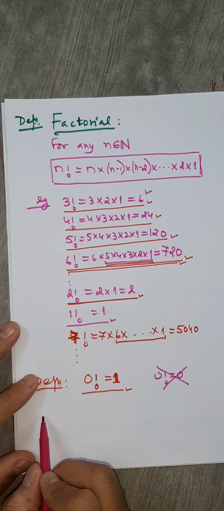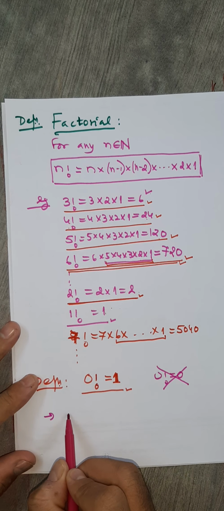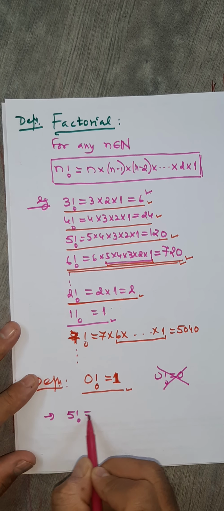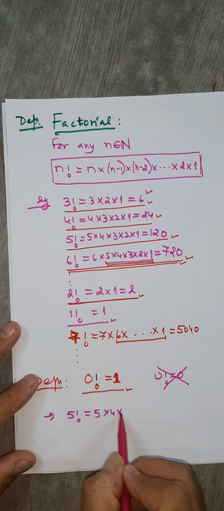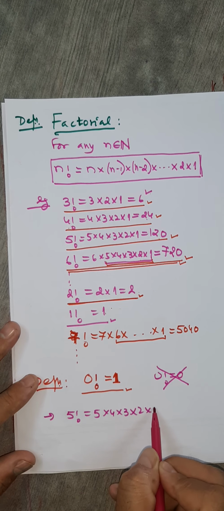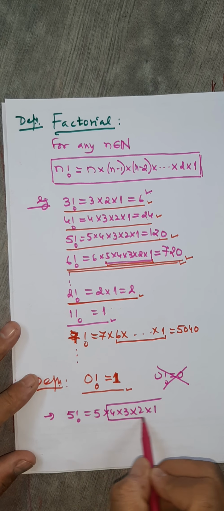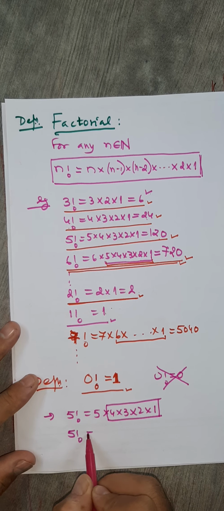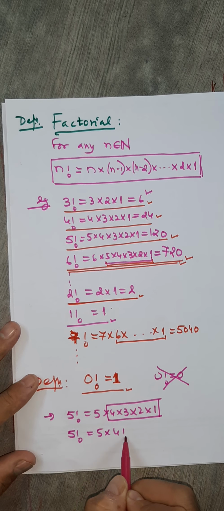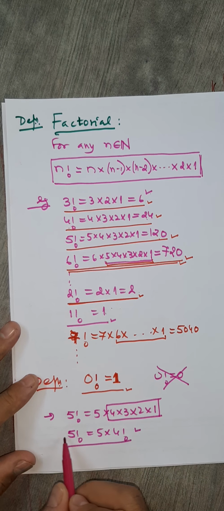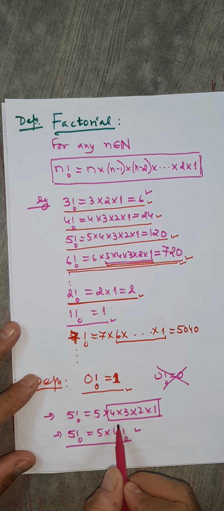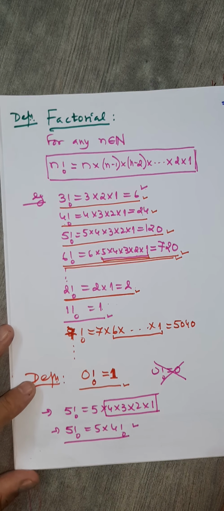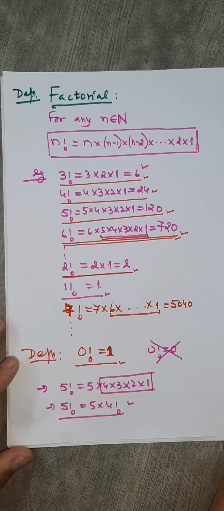Now, you might have noticed, if I have, for example, 5 factorial, it is 5 into 4 into 3 into 2 into 1. Now what is this much? It is 4 factorial. So 5 factorial you can write as 5 into 4 factorial. That means every big factorial you can express in terms of a smaller factorial, because getting the factorial value every time is not an easy task.